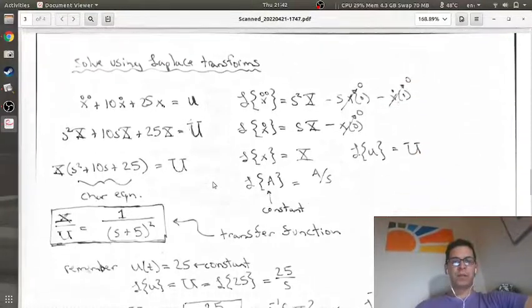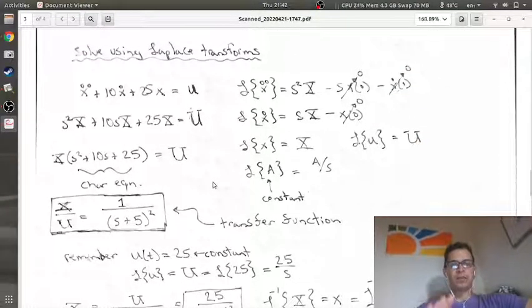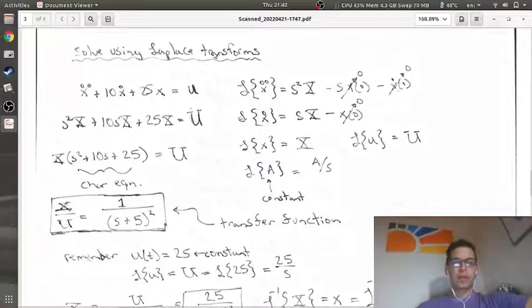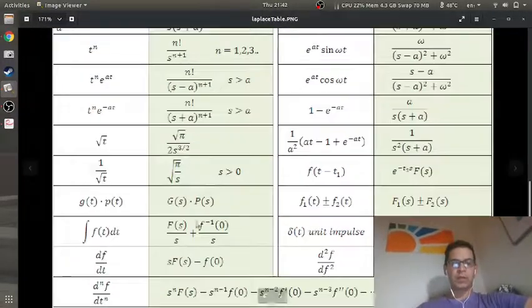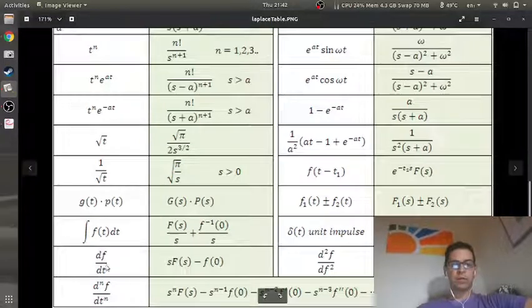Now, if you were to use Laplace transforms, the solution is completely different. What I'm actually going to do, anticipating using the Python control system toolbox, is replace that 25 with a lowercase u, the forcing function. And so you go to your Laplace tables, and the Laplace transform of the derivative of f is s times big F, where F is in the Laplace domain, minus the initial condition.